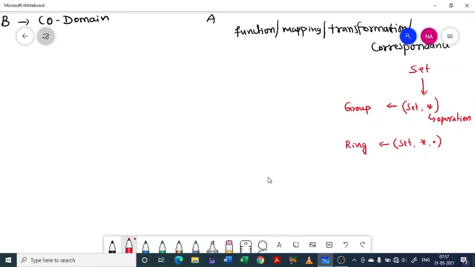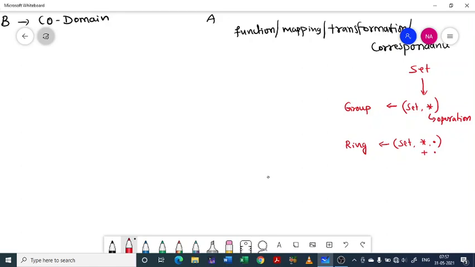Again it has to satisfy a set of conditions, I think 6 or 8 conditions. If it satisfies those conditions, then the structure is called a ring. Only standard books use the operation symbols star and dot, but in local books they use plus and multiplication, dot.